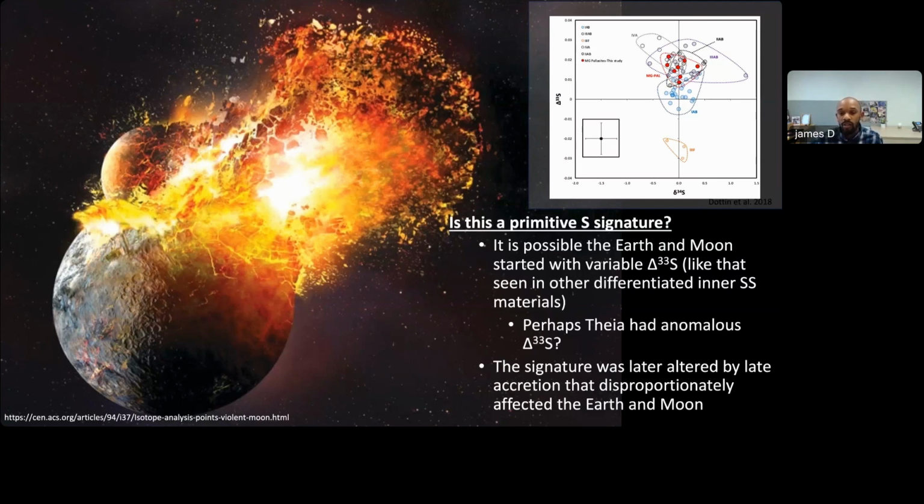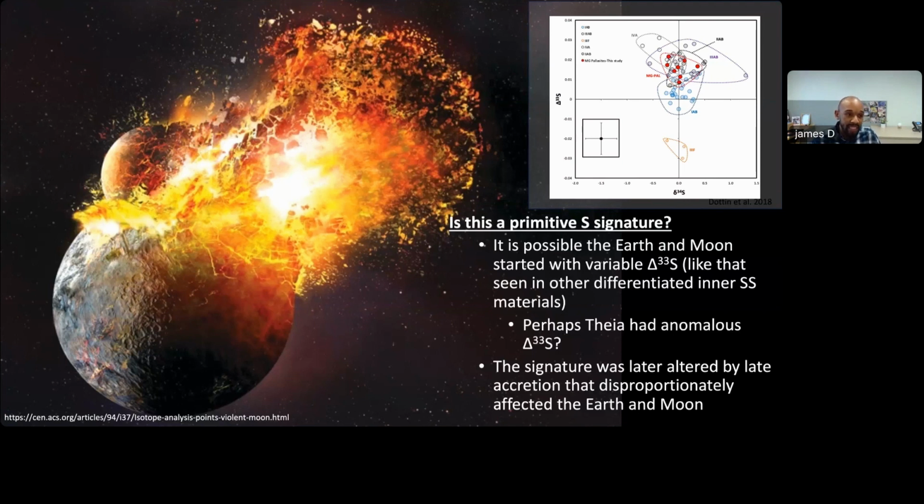And so, although we have not found this on Earth by sampling primordial reservoirs, it's still possible that there are solar system materials, including Earth, that have sulfur trapped within their interior that is mass independent or different from what we would assume is the origin.